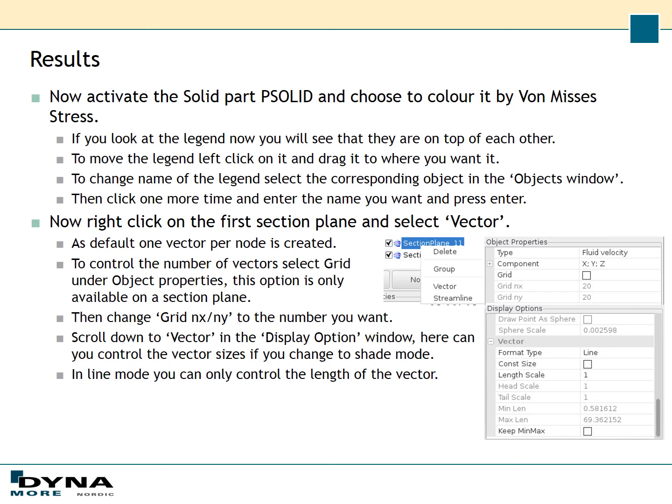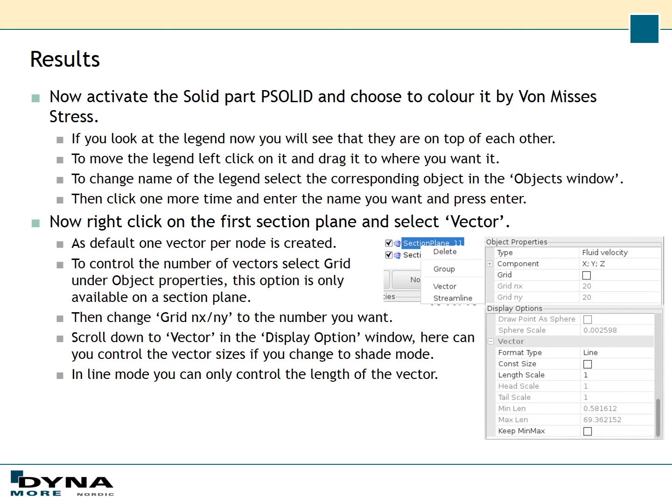And you can also change the name of the legend by changing the corresponding object in the objects window. And you change name by clicking on the object and then clicking one more time, then type in what you want to call it and press enter.